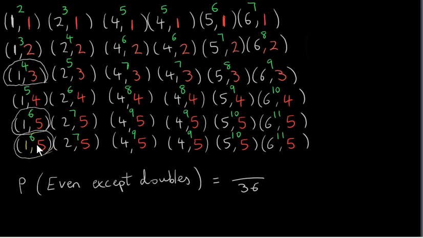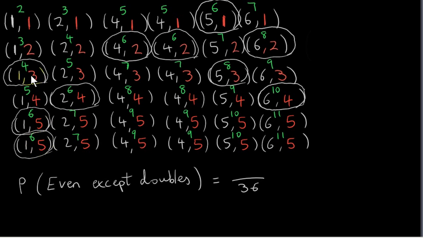Here's another one. So I've selected all the outcomes that are evens but not doubles. And if we count them, we have 1, 2, 3, 4, 5, 6, 7, 8, 9, 10. So the probability of getting an even outcome except doubles is 10 over 36.